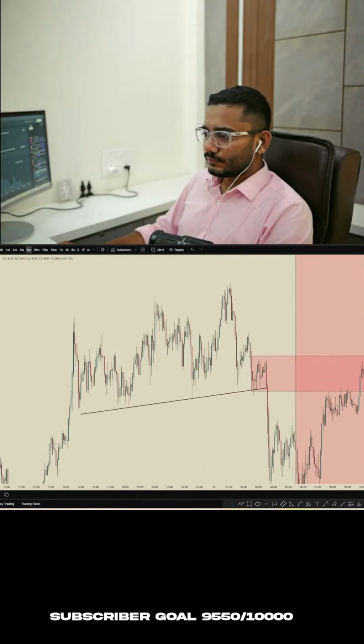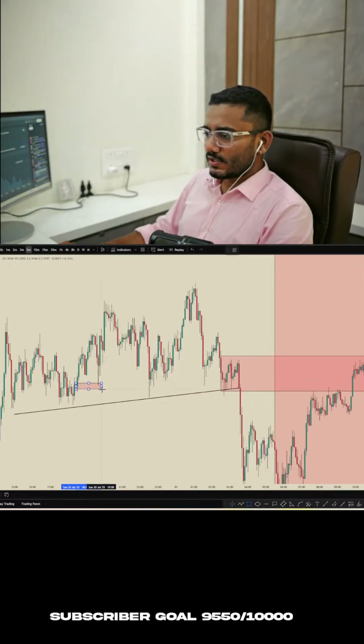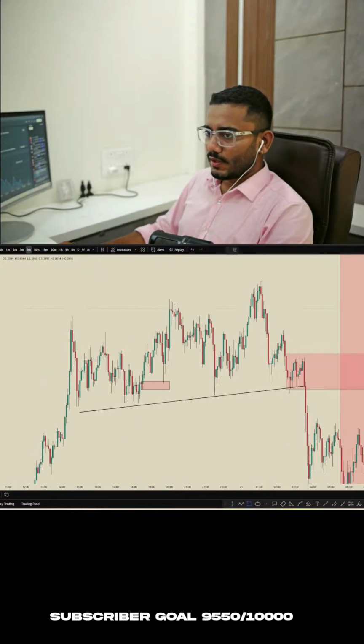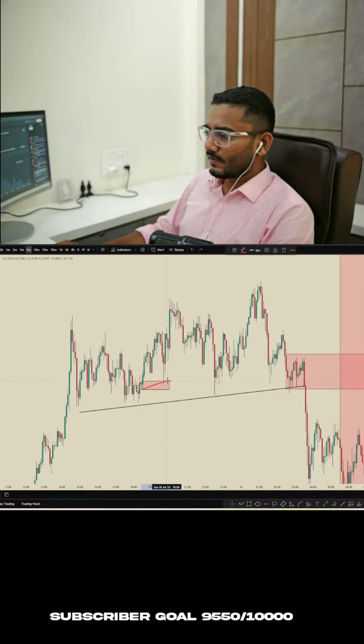For example, if this order block is mitigated, we know that price will create liquidity over here, right? This will be a trend line liquidity. If the structure above this liquidity is mitigated, then price will eventually sweep out all these lows.